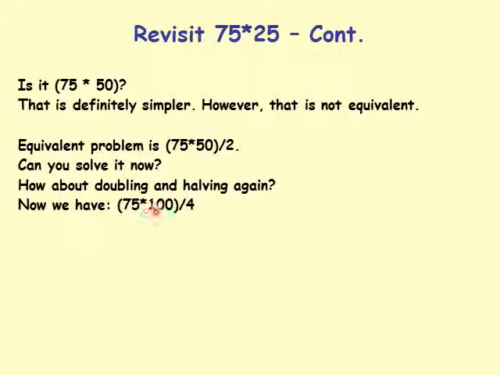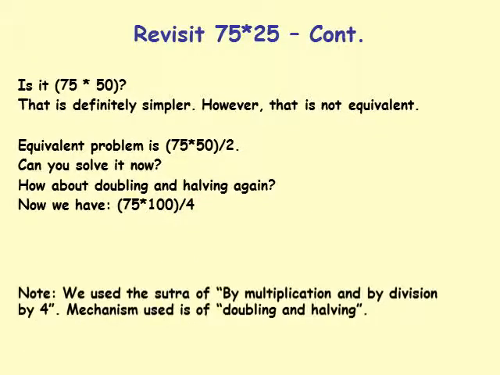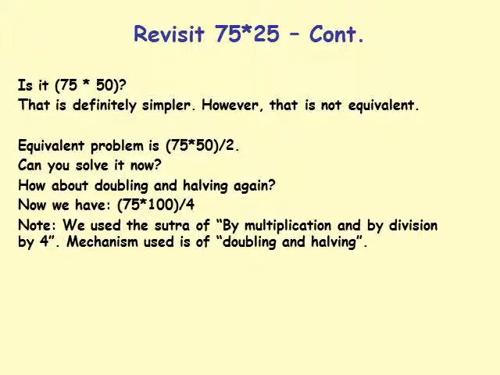We multiplied the numerator by 4 to get 100 here, so we also multiply the denominator by 4. Now we use the sutra by multiplication and by division by 4, and the mechanism of doubling and halving. So we changed this from 75 times 25 to 75 times 100.